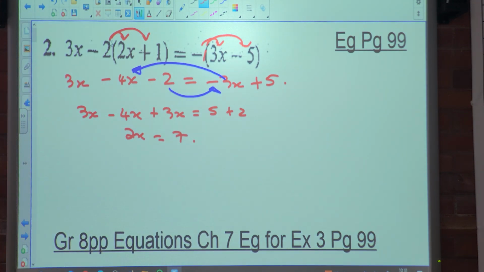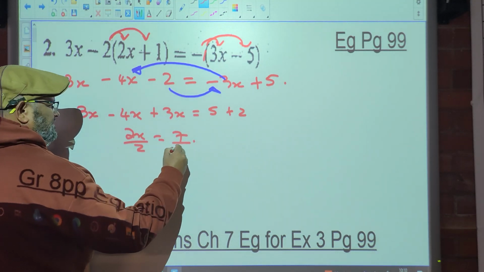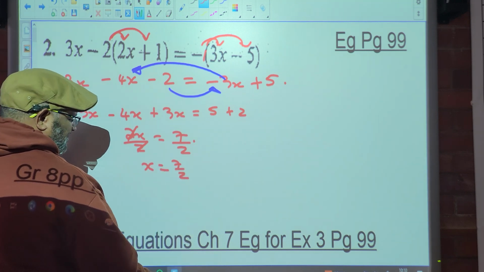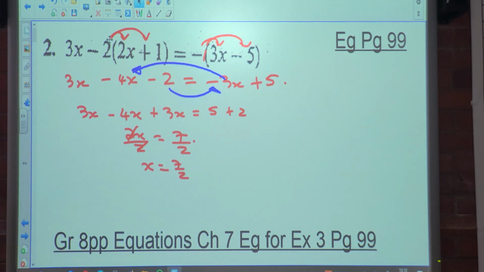What do I do now? Divide by 2 both sides. That cancels, so x is equal to 7 over 2 or 3.5, all the same. Is there any confusion? Any questions? Yes?